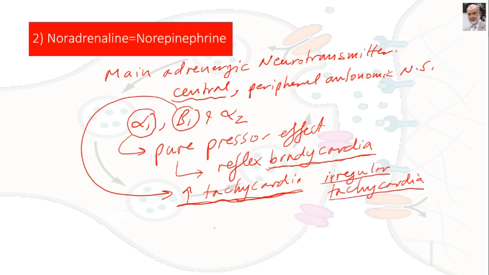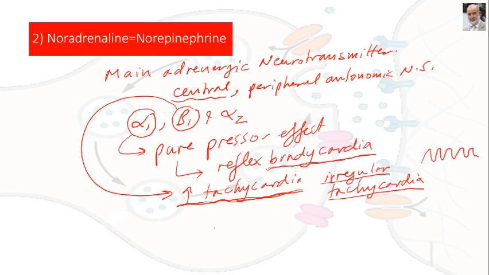All we have to know is that noradrenaline at a high dose produces irregular tachycardia because of the two antagonistic forces, and by irregular tachycardia we mean increase and decrease of blood pressure regularly.